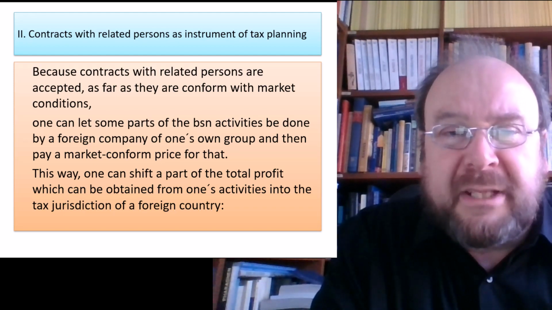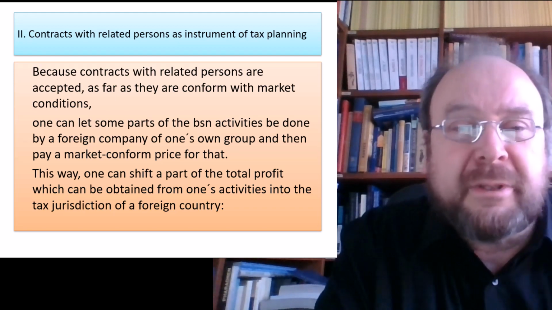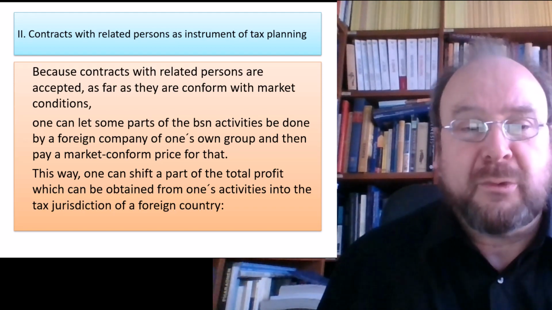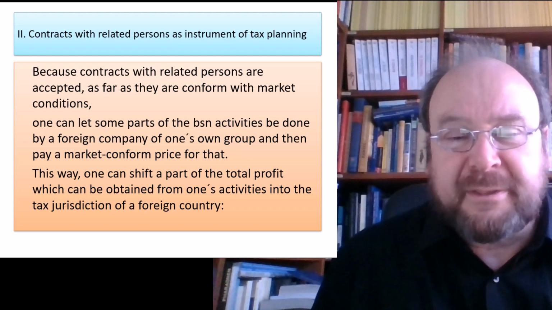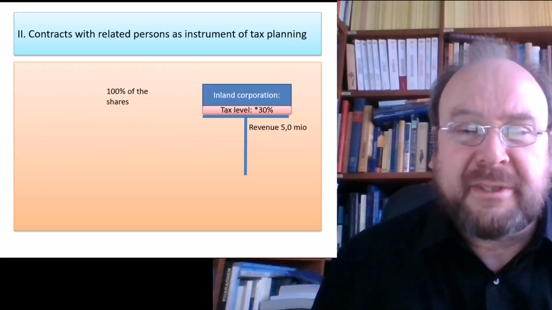This way, a bit of the total obtainable profit is then made by that foreign company and not by you yourself anymore. Now that sounds a bit abstract, so let's explain it with an example.